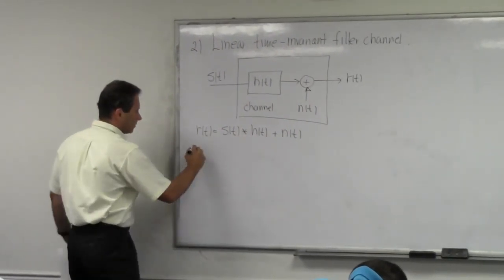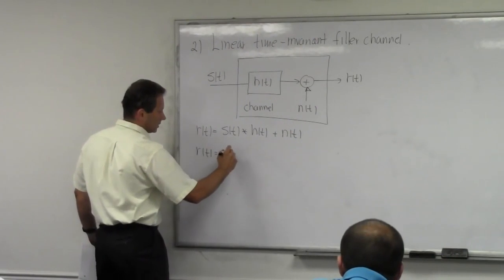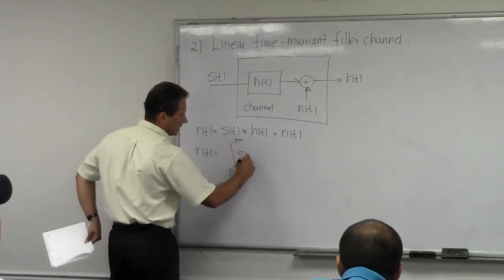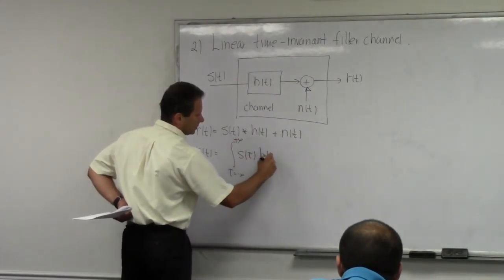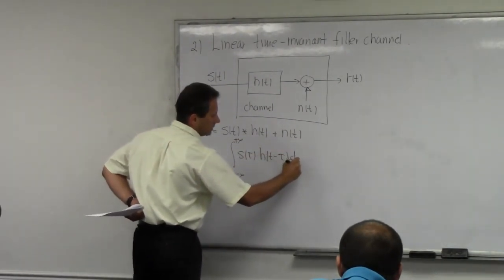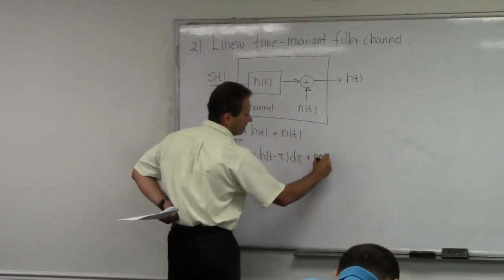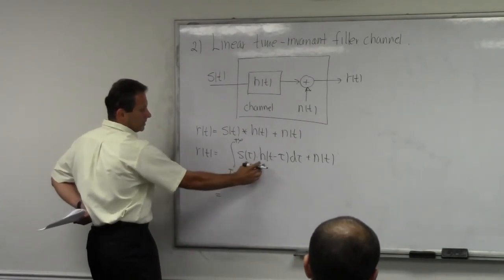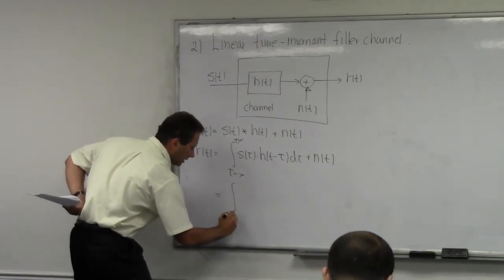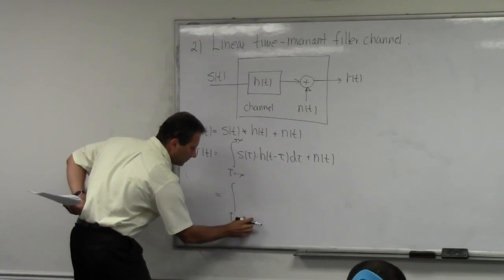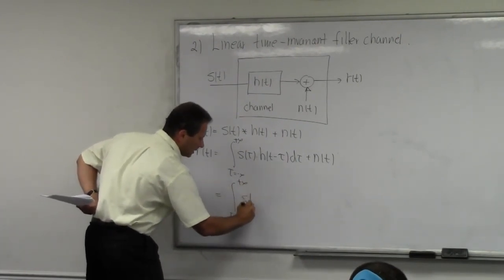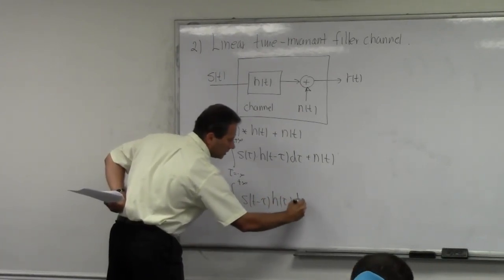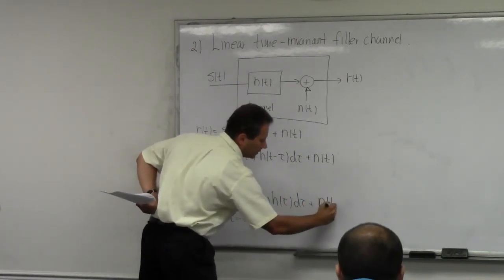In its expanded form, r(t) can be written as the integral, when tau goes from minus infinity to plus infinity, of s(tau) h(t minus tau) d tau, plus n(t). Or, which is one of the theorems, these two are interchangeable, so I can have the integral from minus infinity to plus infinity of s(t minus tau) h(tau) d tau plus n(t).